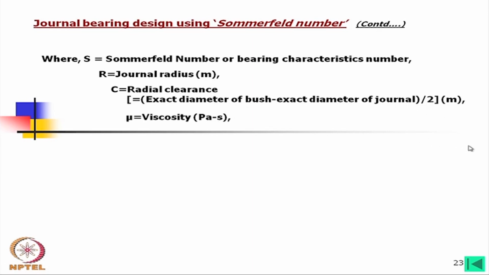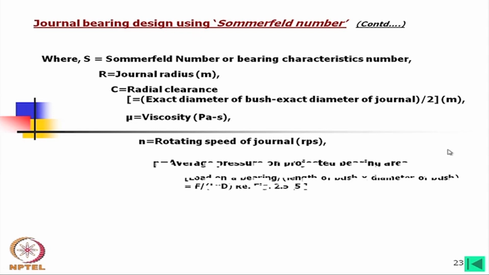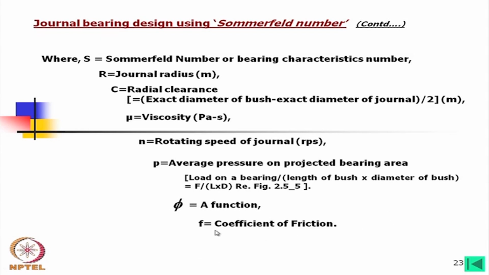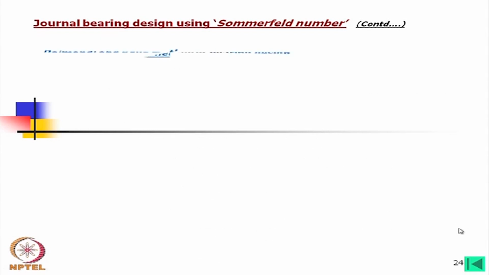Then mu is viscosity in Pascal second, n is rotating speed of journal in revolutions per second, P is the average pressure on projected bearing area, which is the load on bearing divided by length of bush times diameter of bush, that is F divided by L into D, and phi is a function. F is the coefficient of friction.